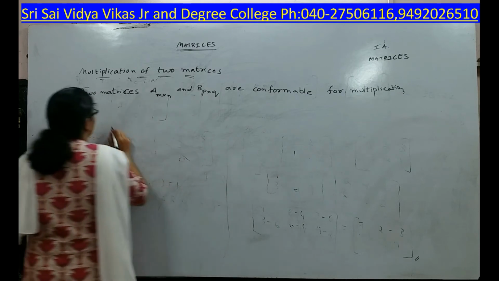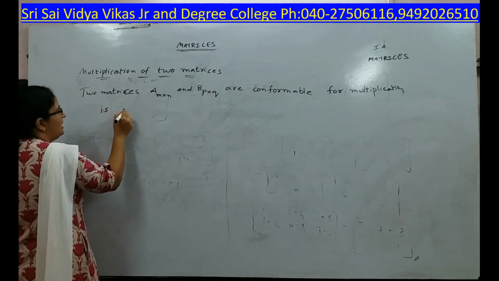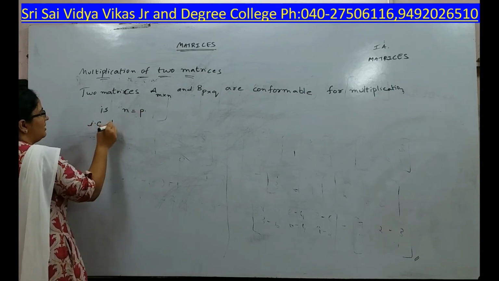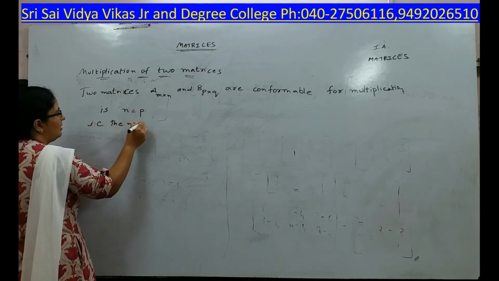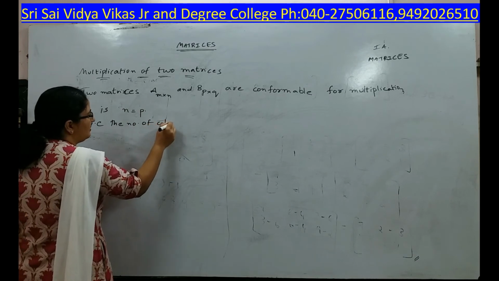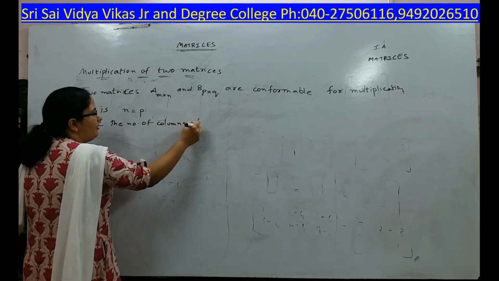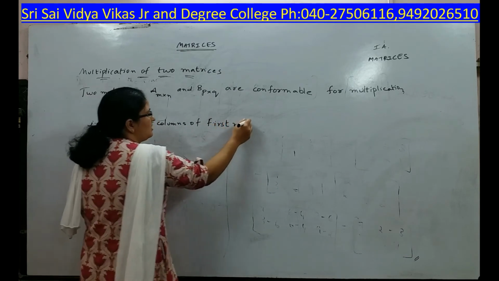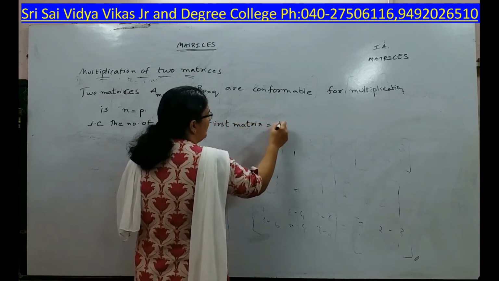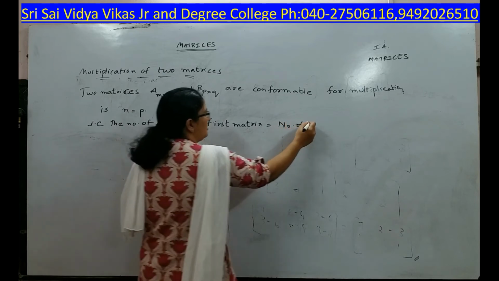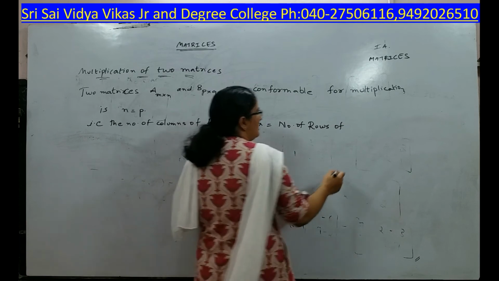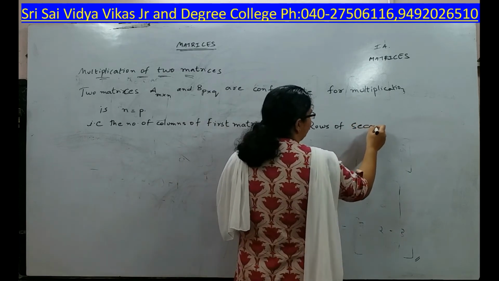if n is equal to p, that is the number of columns of first matrix is equal to number of rows of second matrix.